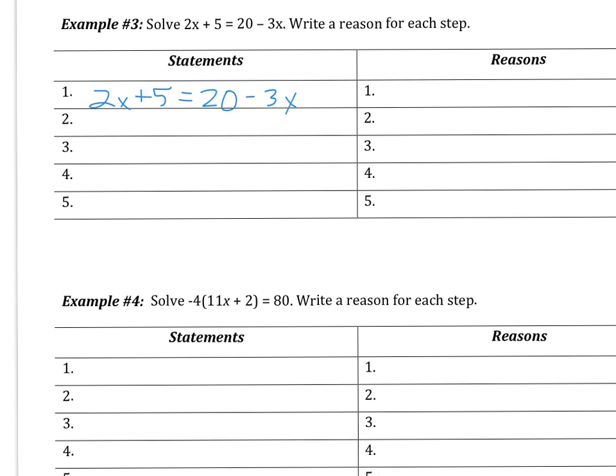My reason is given. We are going to use this word given a lot. Anytime that they give you something, like it's stated in the question, that's your given. We're not assuming it. They gave it to us.